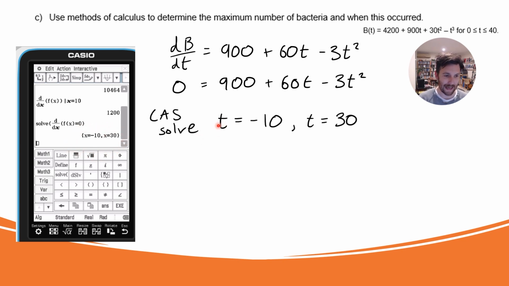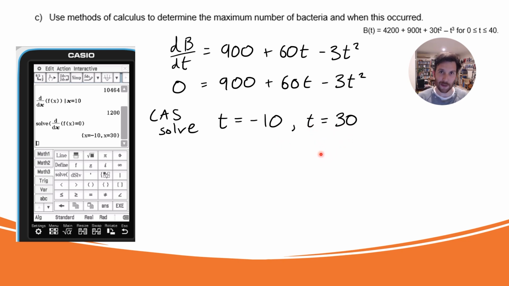We're going to say, hey, I got my calculator, so CAS solve. It's important when we use the ClassPad to say what functionality we use. So I've used the solve function and it gave me the outputs. The input required to generate that output is either t equals negative 10 or t equals 30.